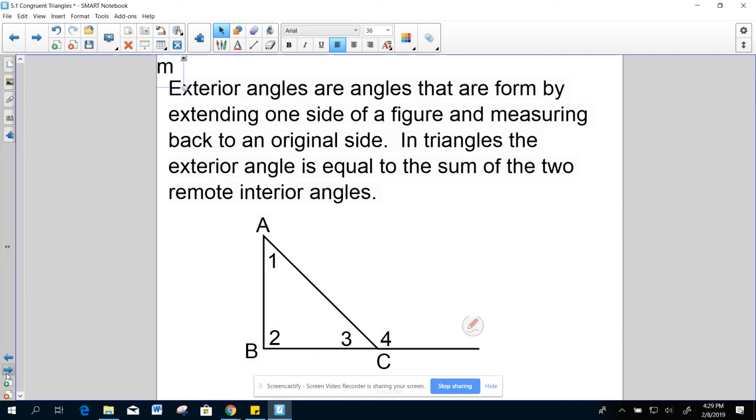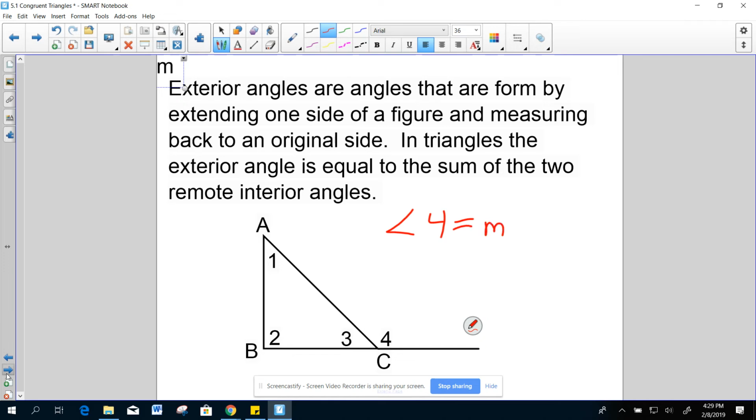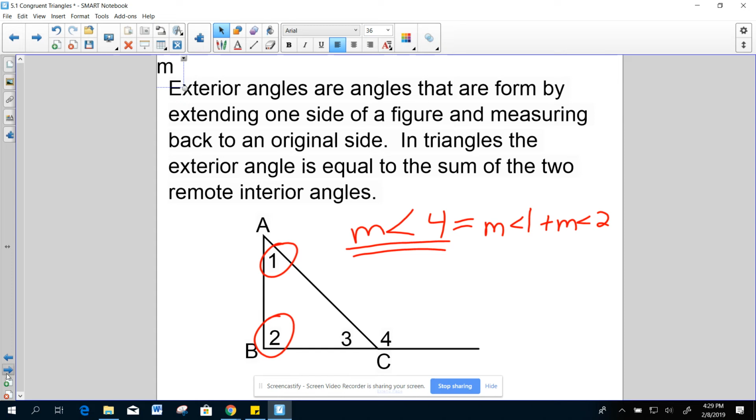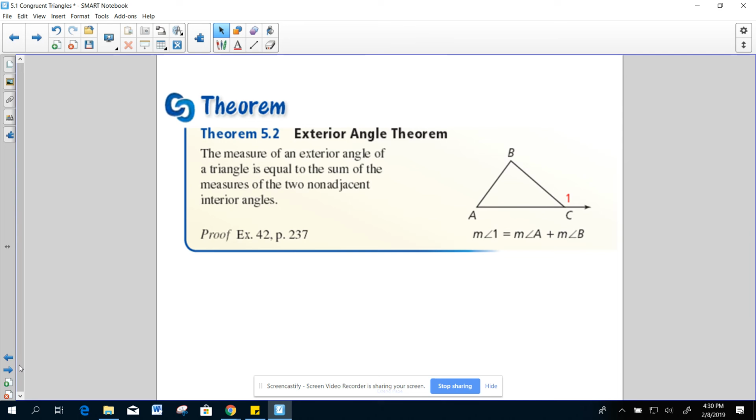That means that angle 4 is equal to the measure of angle 1 plus the measure of angle 2. So I can find my measure for angle 4 by adding the two remote interior angles.